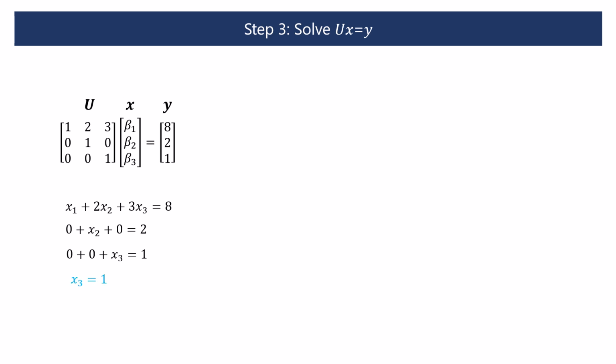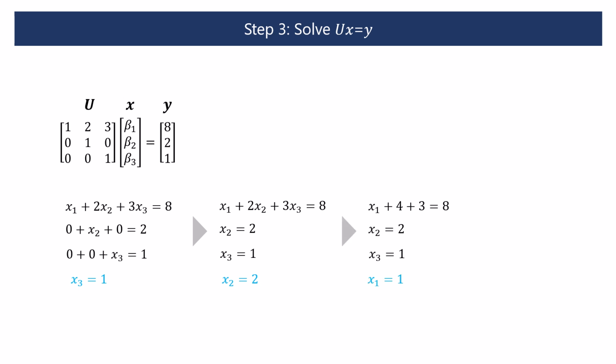Let's start with the third equation, as it only involves x3. We can find that x3 equals 1. We can substitute this value into the second equation to solve for x2. So, we can find that x2 equals 2.